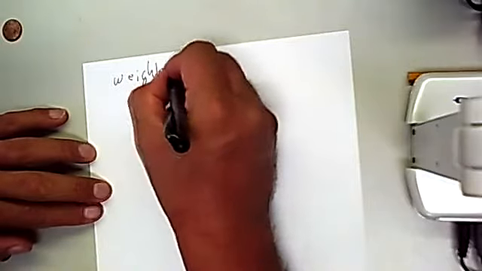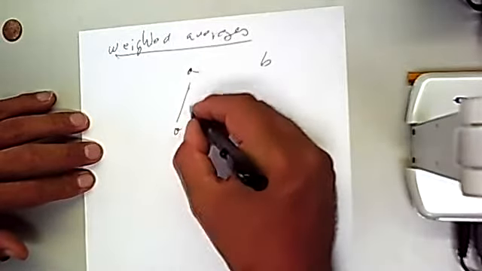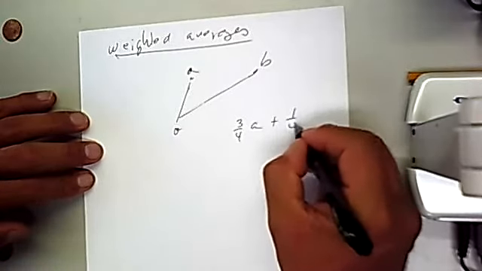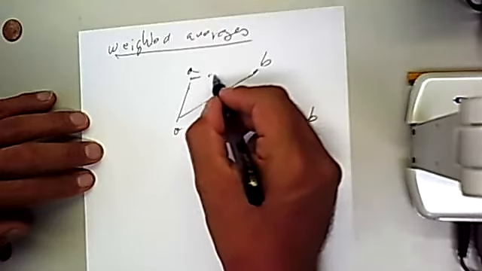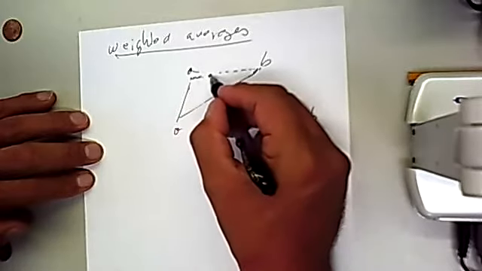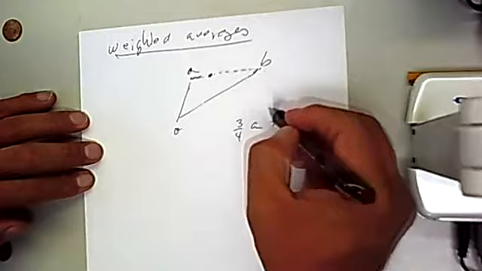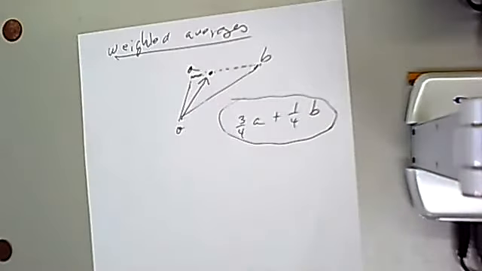We have weighted averages. So if you have the vector A, the vector B, the origin somewhere there, if you put 3/4 A plus 1/4 B, we're going to be more A than B. So if you join the line between A and B, the point 3/4 A and 1/4 B is going to be a quarter away from A, because this vector is going to be more A than B. So that's an interesting thing to do.